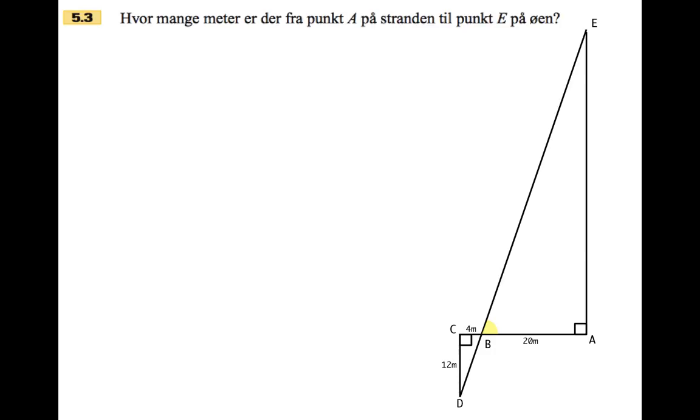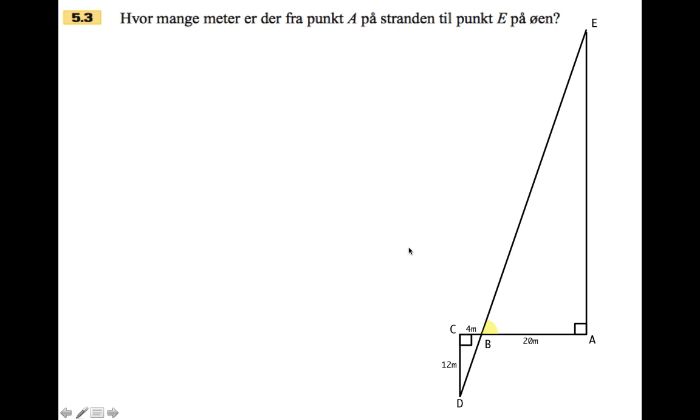5.3. How many meters are there from point A on the beach, here, to point E on the island? Now they've led you into this question a little bit by talking about similar triangles, and you need to use the fact that the two triangles are similar in order to get the answer to this one.